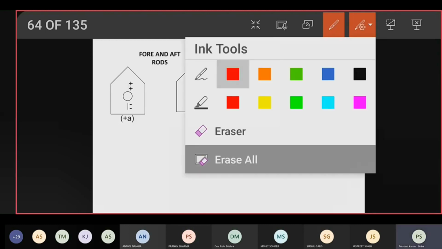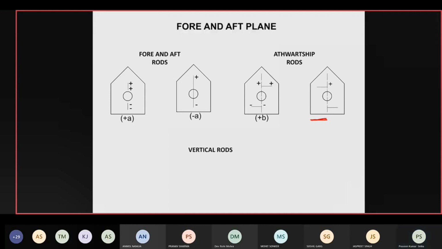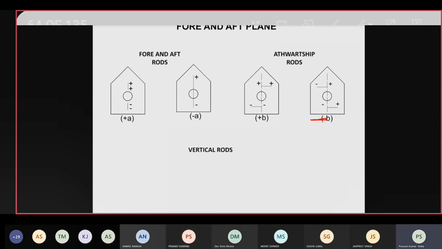Similarly, for the bottom rod, the end closer to the compass is aft of the compass, so that should be minus, and the other end, since it is starboard of the compass, should be given the name positive. And so overall, these two rods, if placed like this, should be given a sign which is minus B.